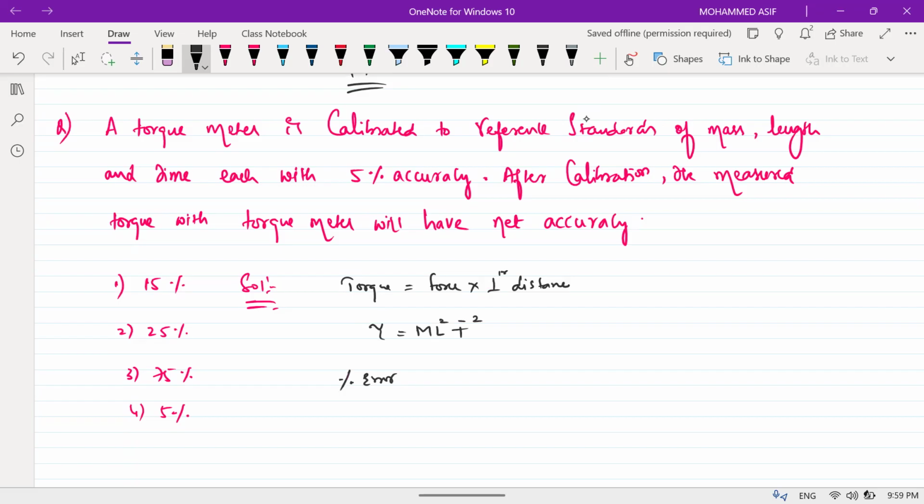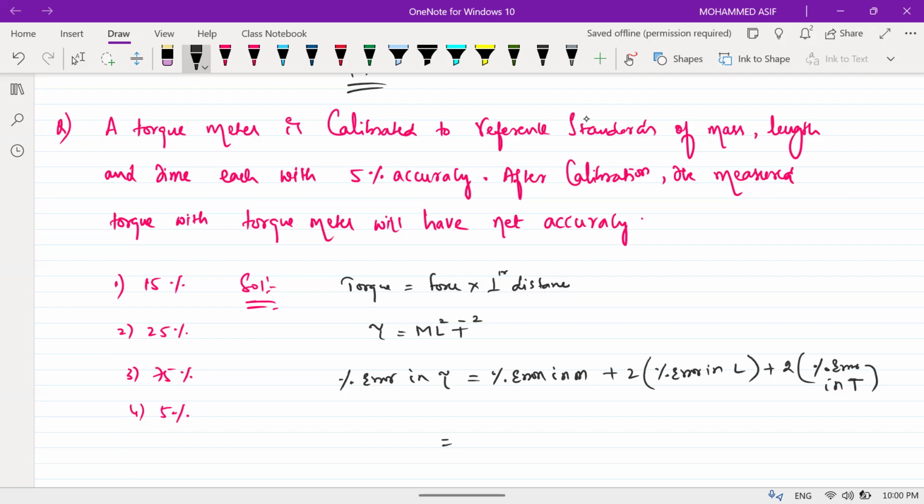Percentage error in tau. Torque is represented by tau. That is equals to percentage error in mass plus 2 times of your percentage error in your length plus 2 times of your percentage error in time. 25%. Very good.